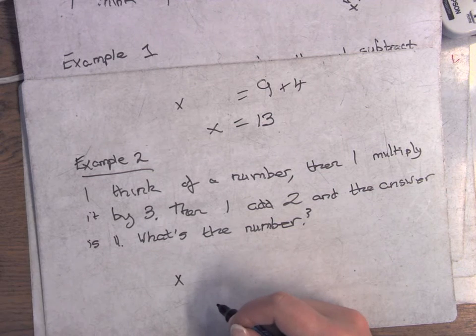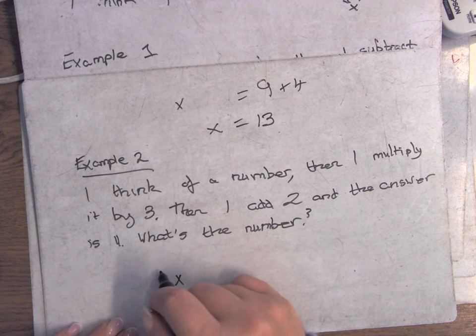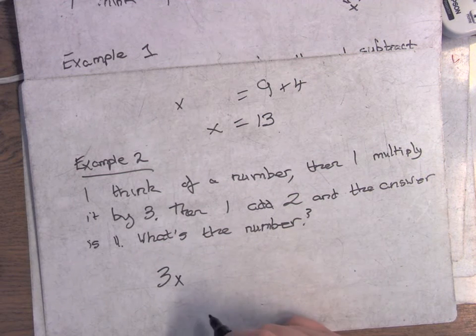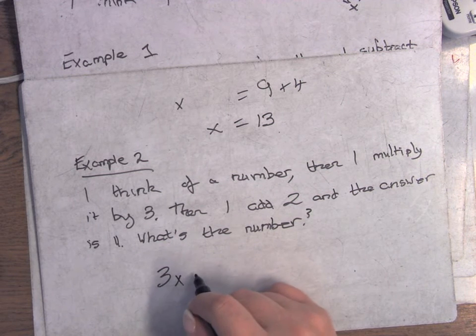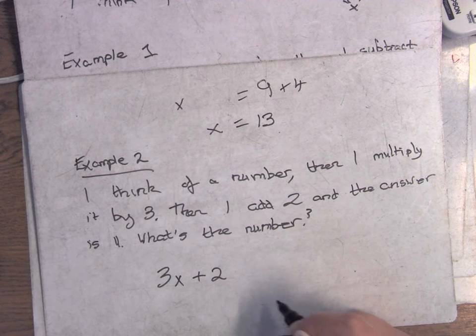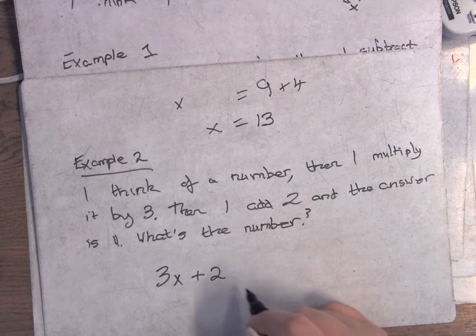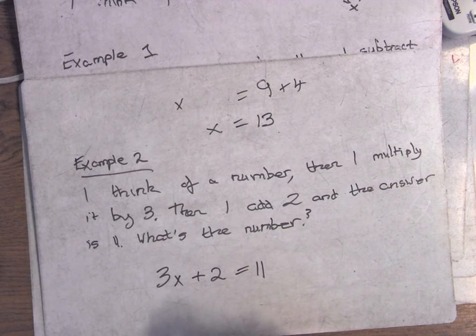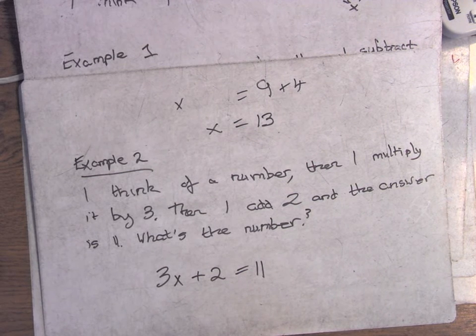What do I get when I multiply x by 3? 3x, don't I? Then I add 2. So how do I add 2? Plus 2. And the answer is 11. Equals 11. Does everyone see how I didn't read that all in one go? Now I read it in bits. That's the way you have to do these.